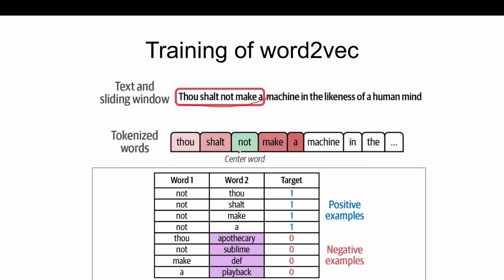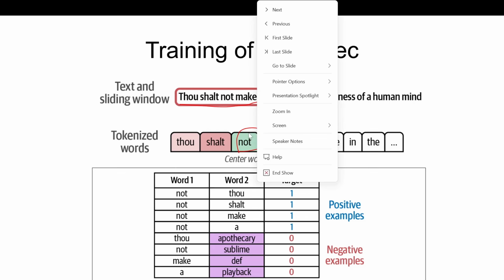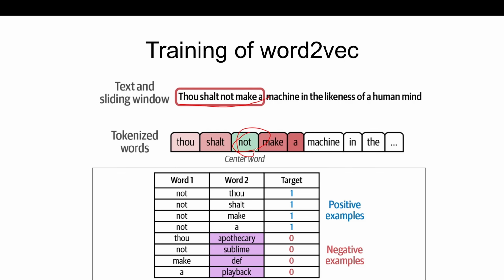In this case, it's the center word "not", and the other words in the sliding window are close to the center word "not". So we say that this word "not" should have similar embeddings with its neighboring words.